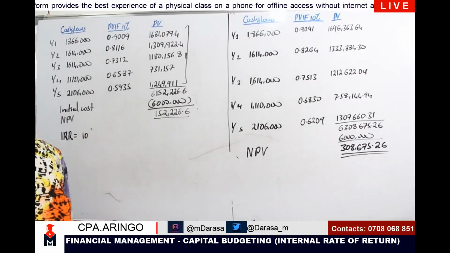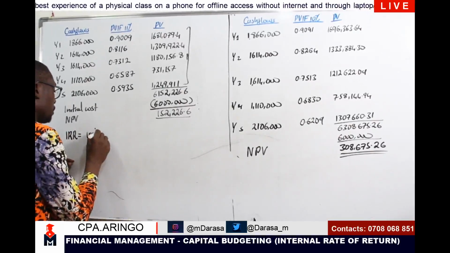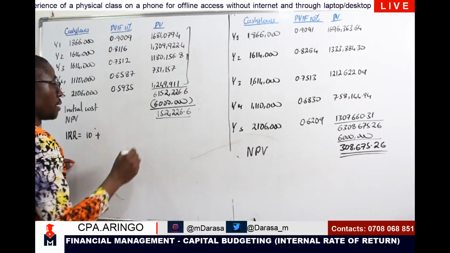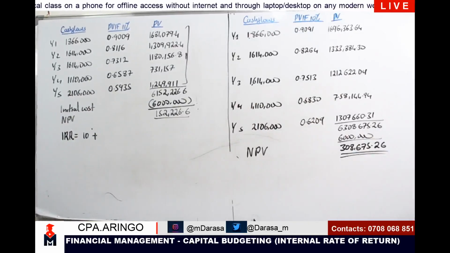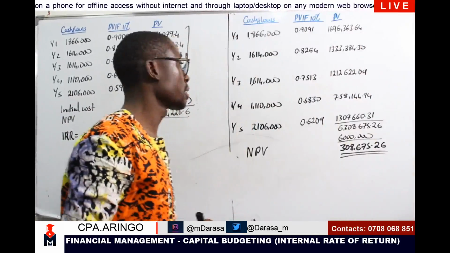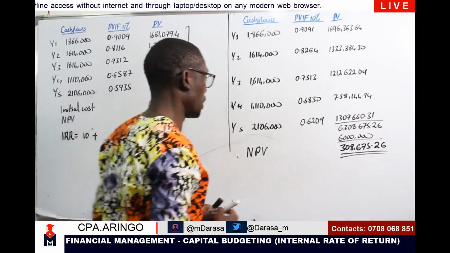I'm going to add our NPV of the lower rate, which is 308,000.